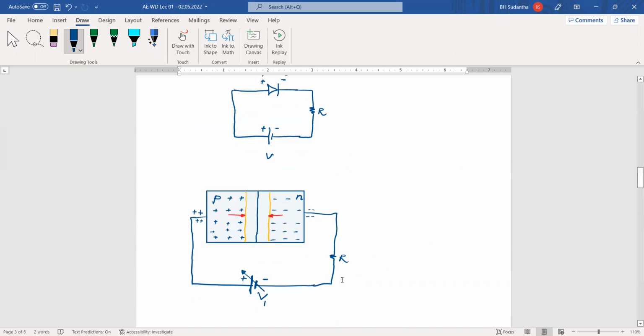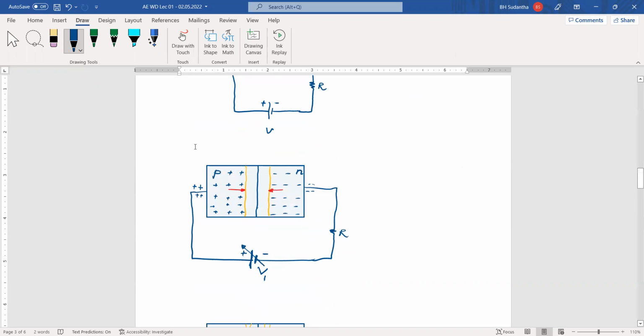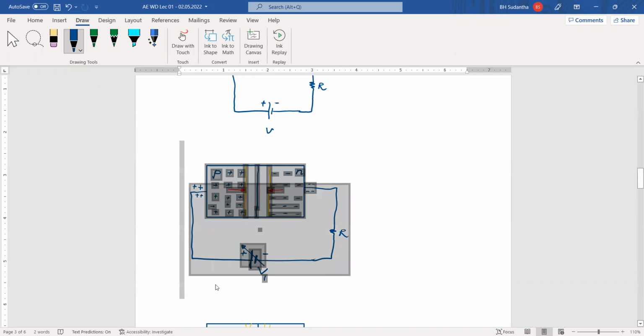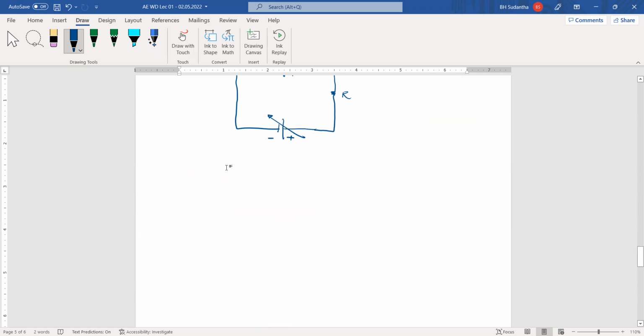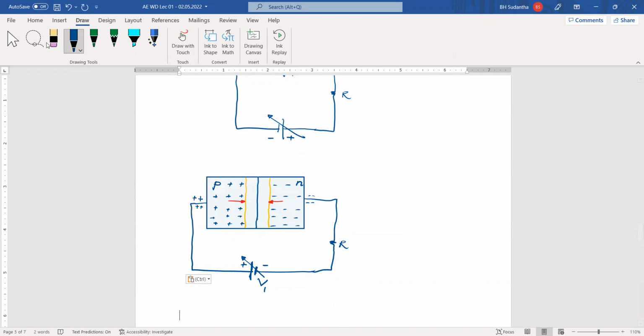We can copy this diagram here. Now, this is the way we have applied voltage and we can vary it.